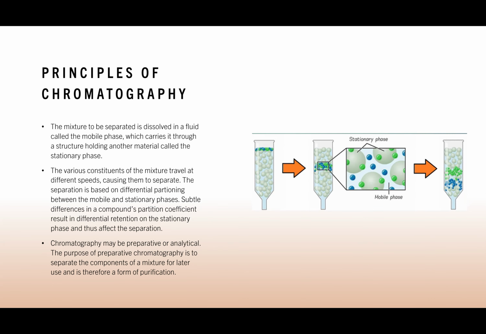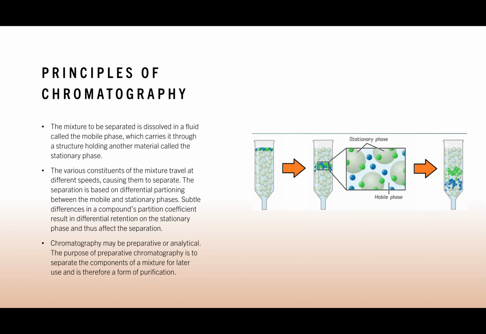The mixture to be separated is dissolved in a fluid, and this is called our mobile phase, which carries it through a structure holding another material called our stationary phase. The various constituents of the mixture travel at different speeds, causing them to separate.